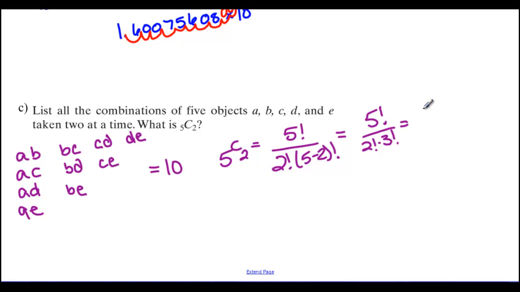This 5 factorial is the same as 5 times 4 times 3 factorial over 2 factorial times 3 factorial. The 3 factorials will cancel. So we have 5 times 4 over 2 factorial. Remember, 2 factorial is just 2 times 1, or just 2. So this is 20 over 2, or 10.